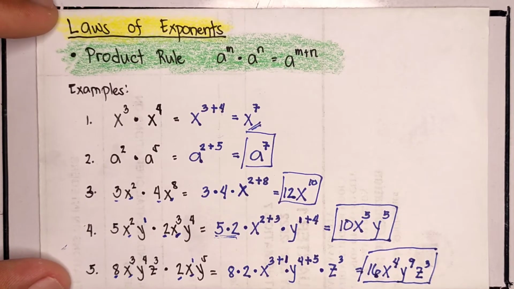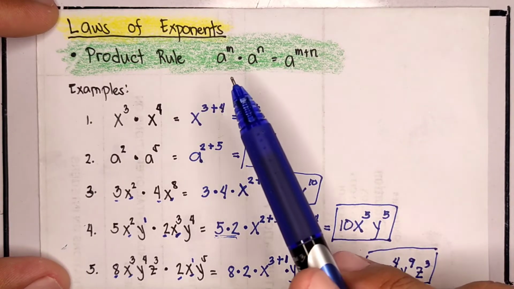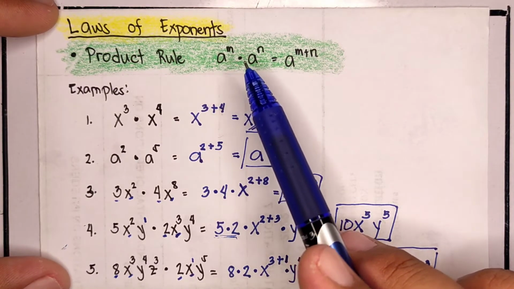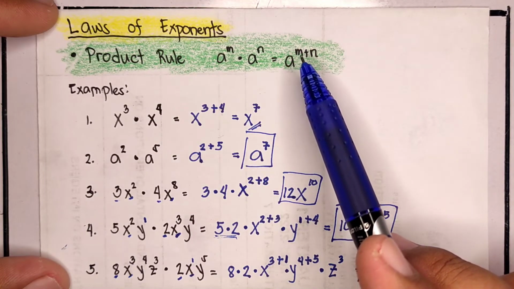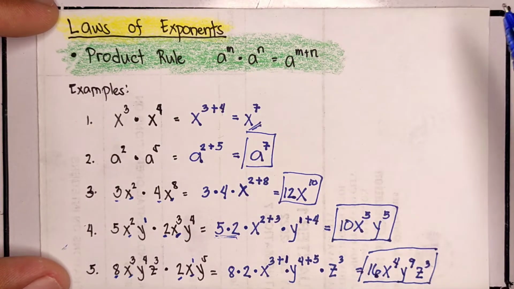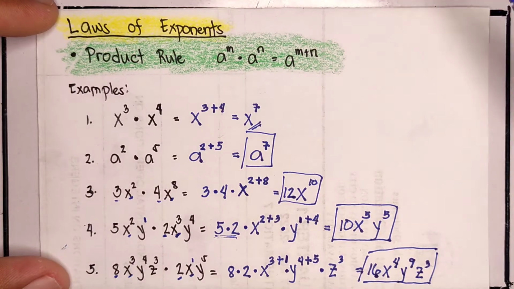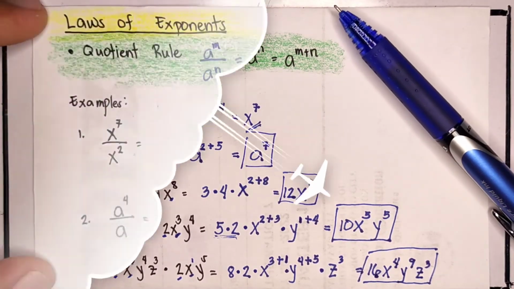Okay, that is the first rule in the law of exponents, the product rule. A raised to m times a raised to n is equal to a raised to the power of m plus n. We need only to add the exponents. Okay.